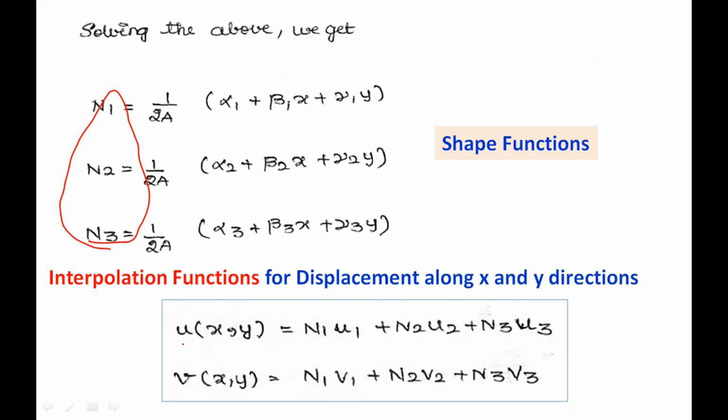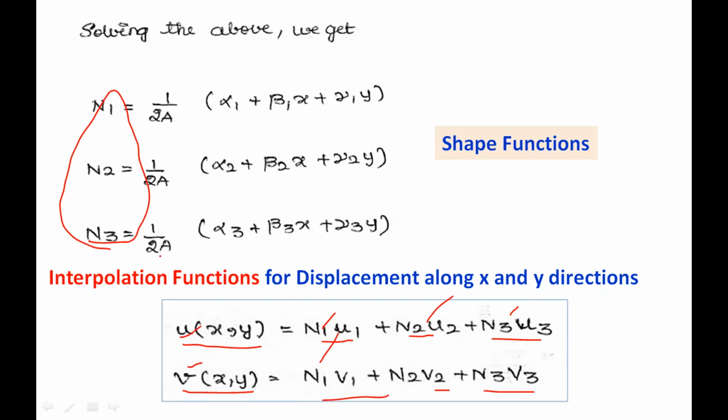N1, N2, N3. For defining u of x comma y, we will get N1 u1 plus N2 u2 plus N3 u3. For the v component of displacement, N1 v1, N2 v2, N3 v3. N1, N2, N3 are common shape functions used for u and v.